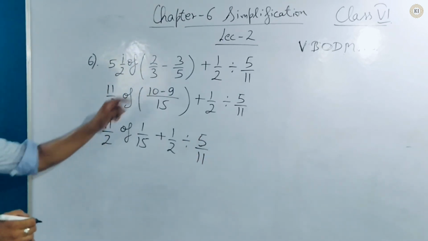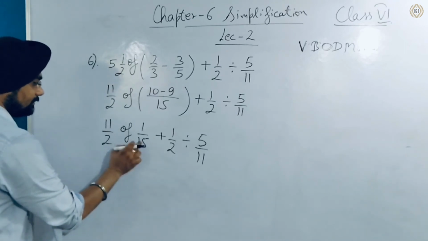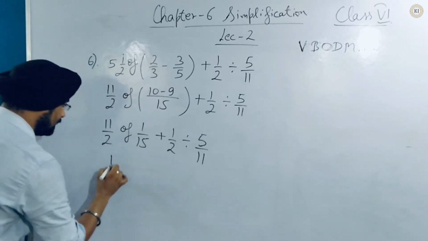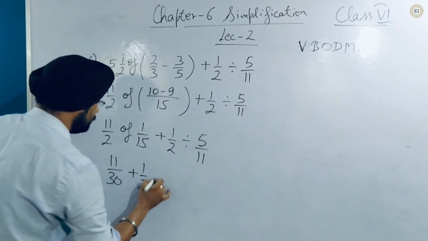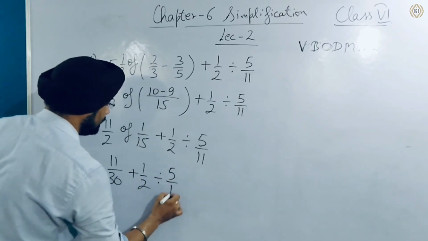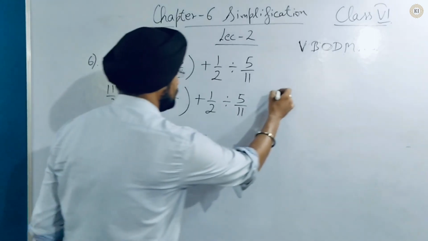Now after bracket it will come of, we are going to solve this of part. So nothing will be cancelled, 11 ones are 11, 15 twos are 30, plus 1 by 2 divide 5 by 11. Now after of we will come to divide part.